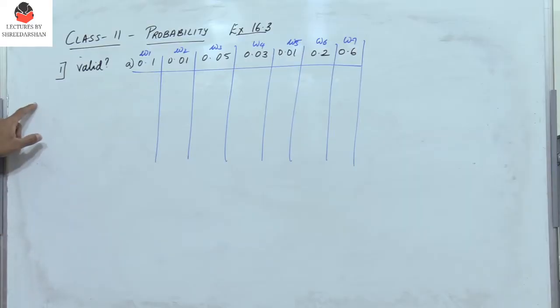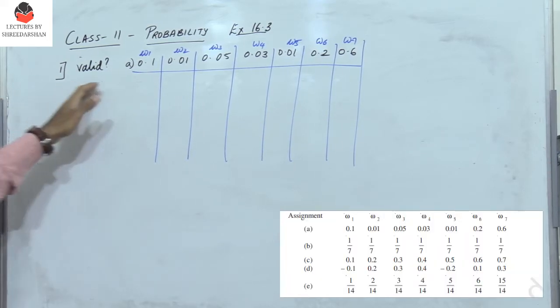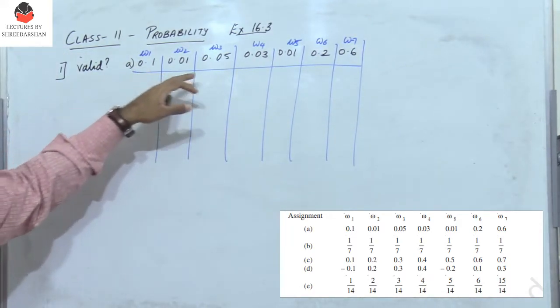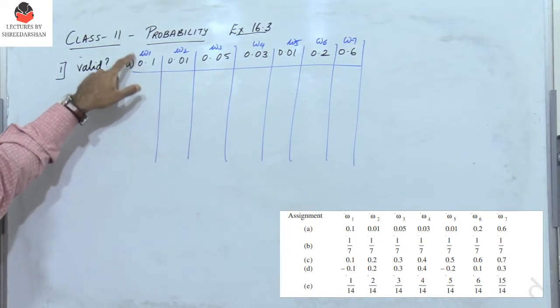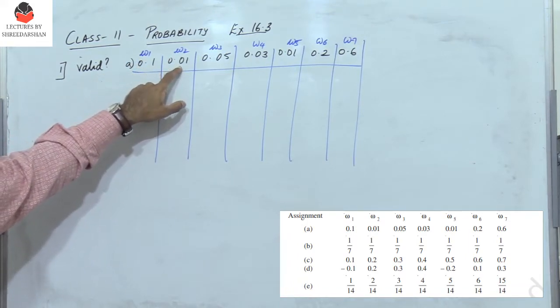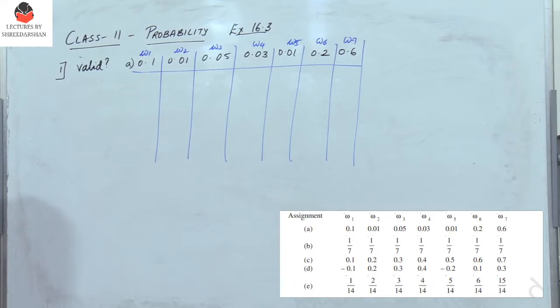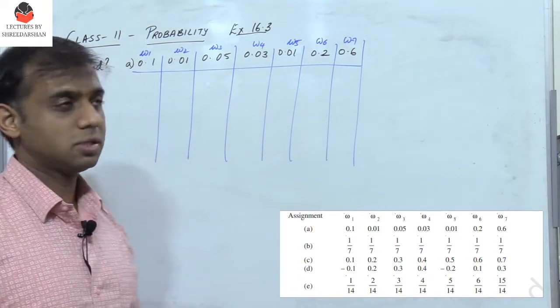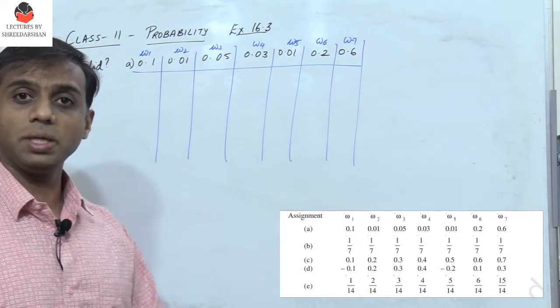Now with these axioms and this expression, we will be able to solve all the problems given in the exercise 16.3. So the first problem, which of these cannot be a valid assignment? Which of these probabilities cannot be valid? Now here, given 7 outcomes, the probability of getting outcome W1 is 0.1, W2 is 0.01 and so on. We must remember that given the probabilities of outcomes, the sum of all the probabilities should be equal to 1.